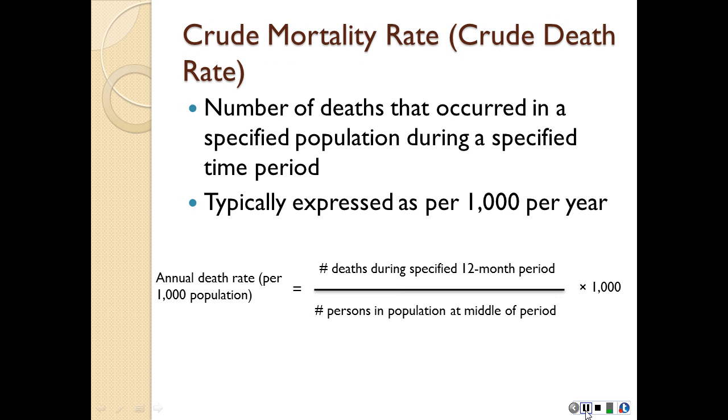So it's simply the number of deaths that occurred in that population during that specific time period over the total number of people in that population during that time period. And again, we typically express this as per 1,000 per year. So we have an annual death rate. If it's annual, it's obviously per 1 year. Number of deaths from myocardial infarction out of everyone in the United States. That being your final mortality rate.